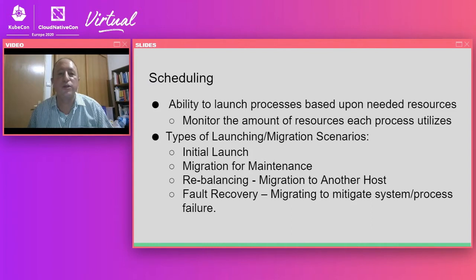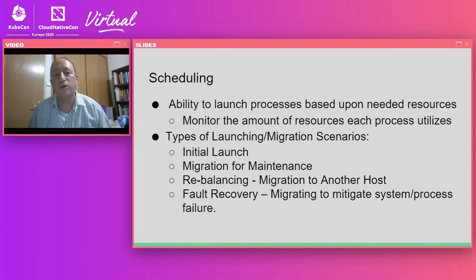So scheduling is the ability to launch processes based upon needed resources. Monitoring the amount of resources each process utilizes is one aspect that we can consider. The types of launching or migration scenarios, we can consider the initial launching, which we discussed, migration for maintenance if a host needs to be brought down for hardware upgrades.